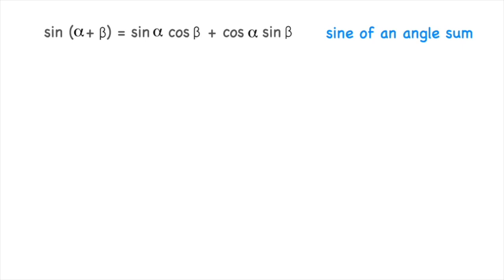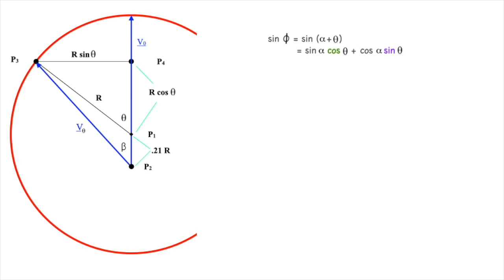That is, sine of the quantity alpha plus beta equals sine alpha cosine beta plus cosine alpha sine beta. Therefore, we can write that the sine of alpha plus theta equals sine alpha cosine theta plus cosine alpha sine theta.